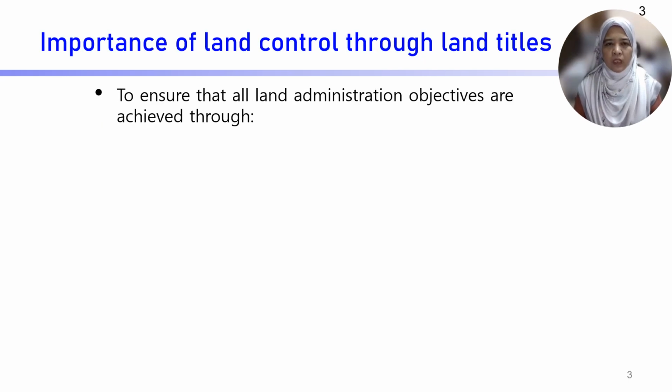Now, before we discuss the three topics in this video, let us pause for a while and think about how land titles can give the opportunity for the authorities to control development. This is what we're going to learn through land details.